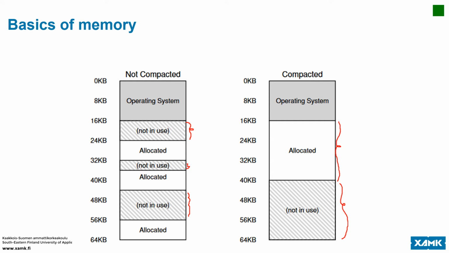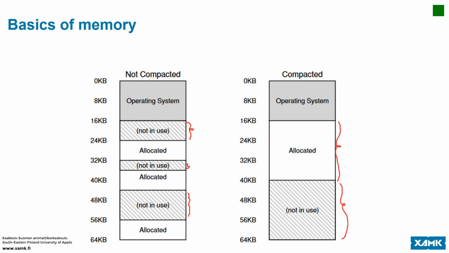I suppose the takeaway from this is that behind the scenes, the operating system also can do a little bit of memory space cleanup. It can try to compact the memory to be used as efficiently as possible.